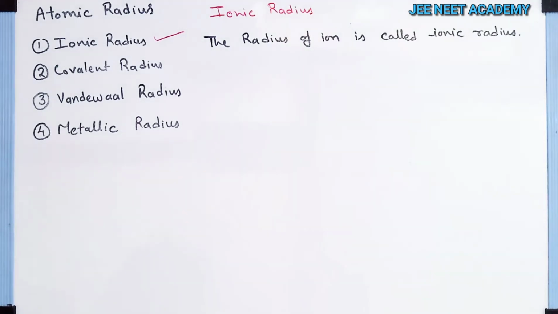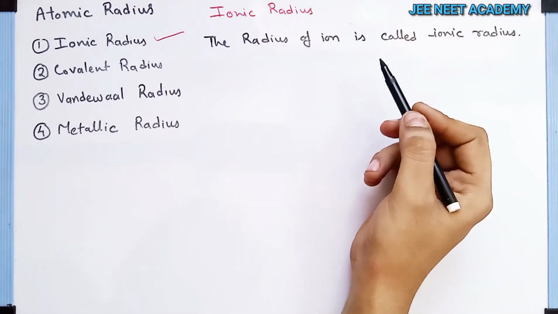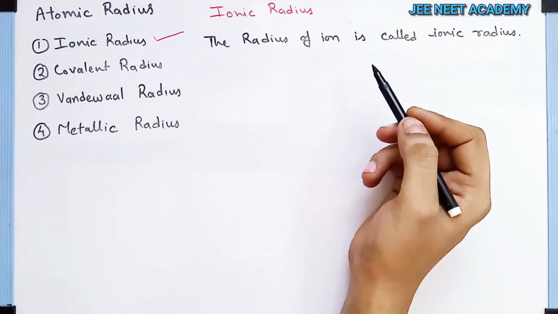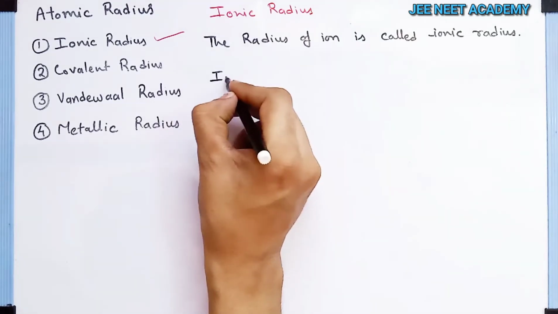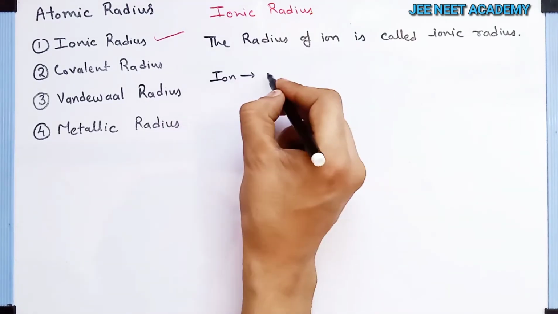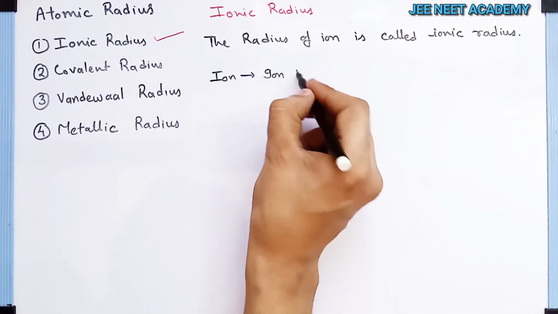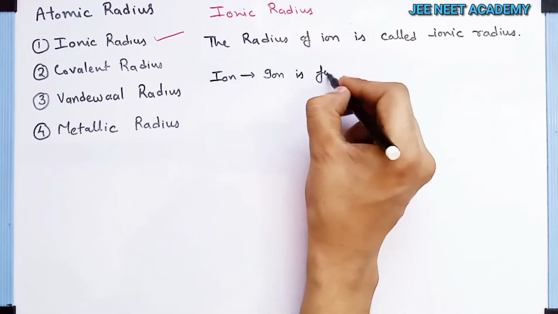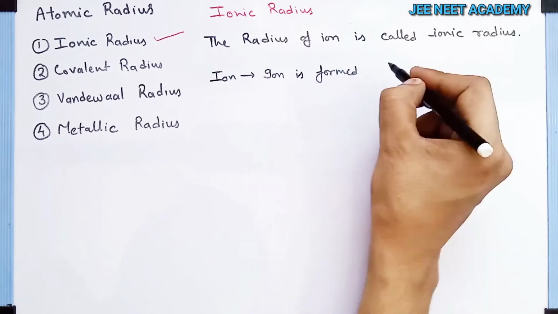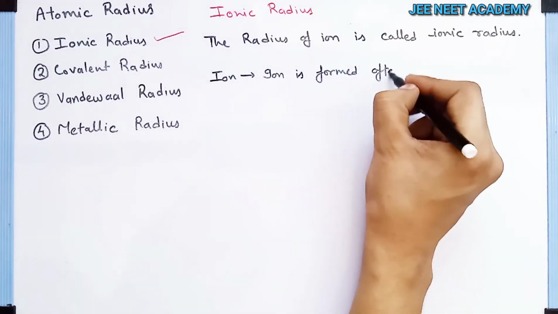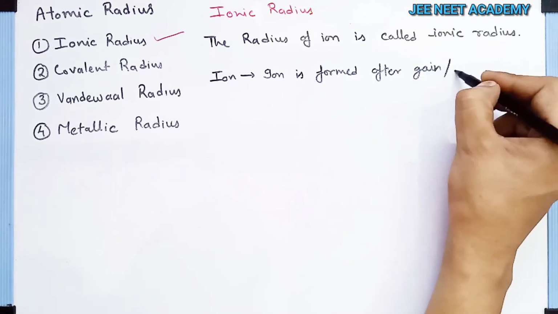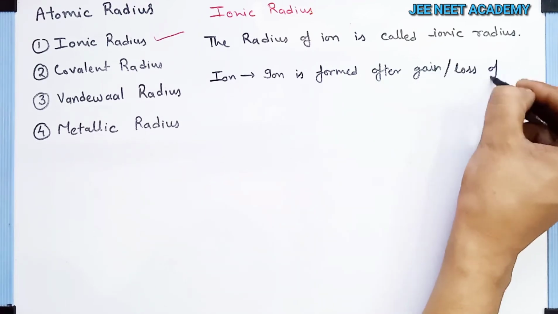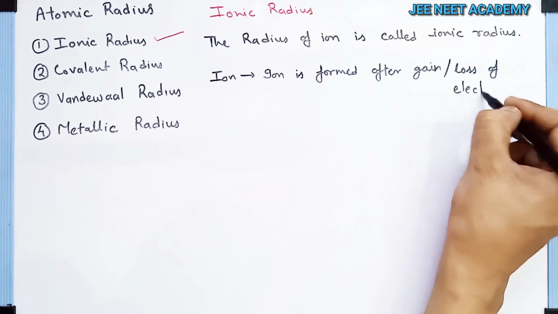Now the question is, what is an ion? An ion is formed after the gain or loss of electrons.